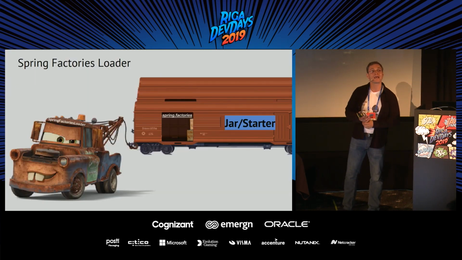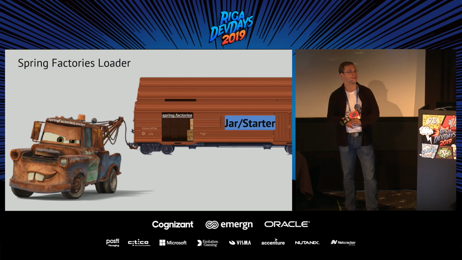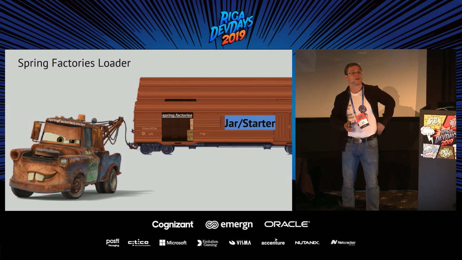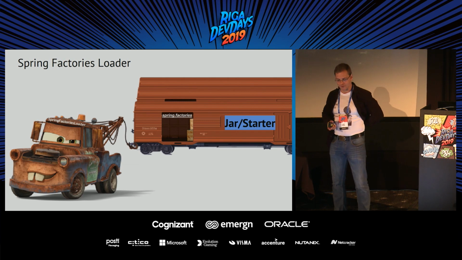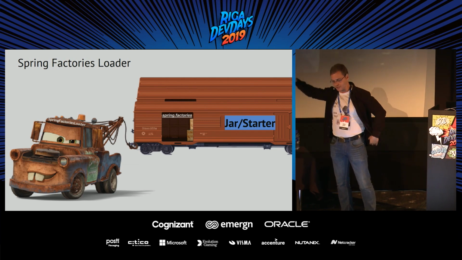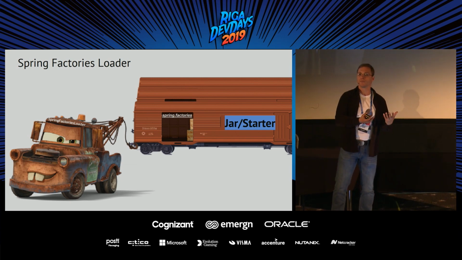The mechanism, which was developed, I think, in 2010, many years before Spring Boot was released, in Spring 3.2, is called SpringFactoriesLoader. The class SpringFactoriesLoader is just a mechanism which was not in use in Spring till they invented Spring Boot.